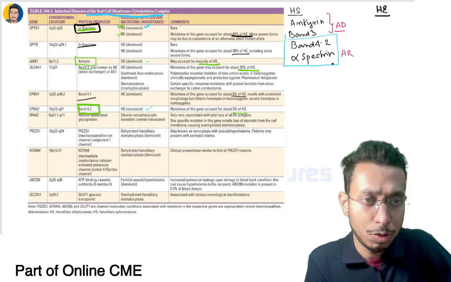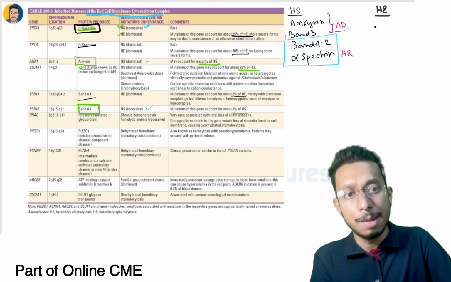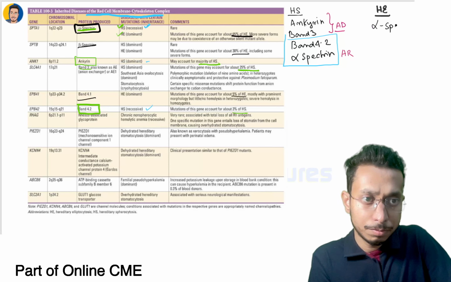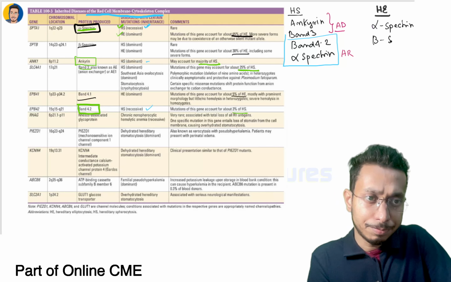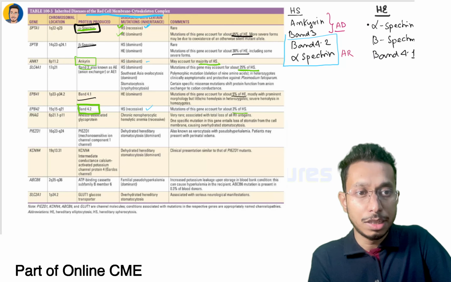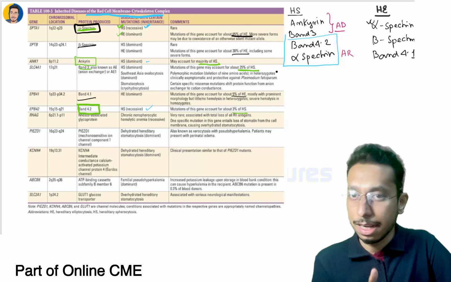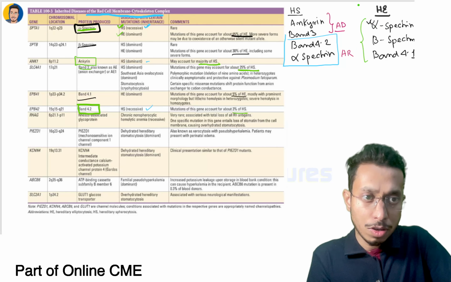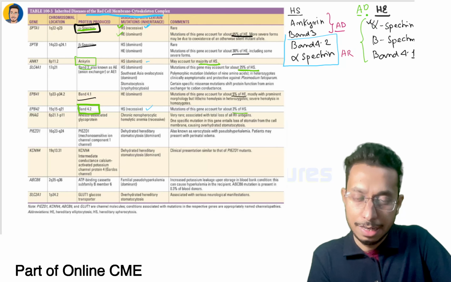So in hereditary elliptocytosis, defects are due to alpha spectrin, beta spectrin, and band 4.1. Therefore, alpha spectrin is common to both spherocytosis and elliptocytosis. Now you can see all of those are autosomal dominant in inheritance.